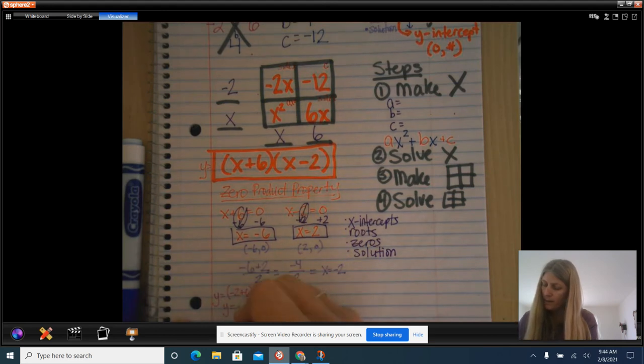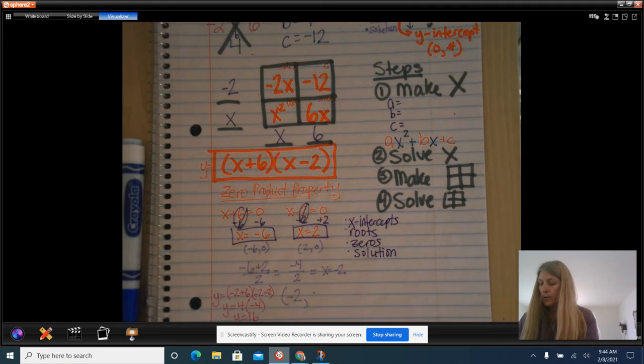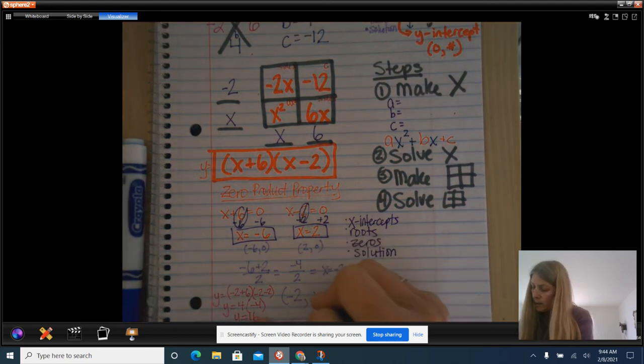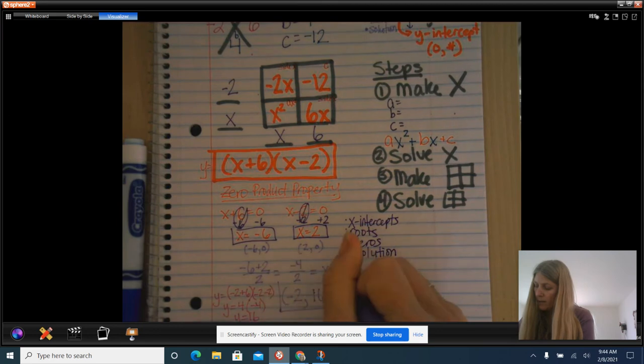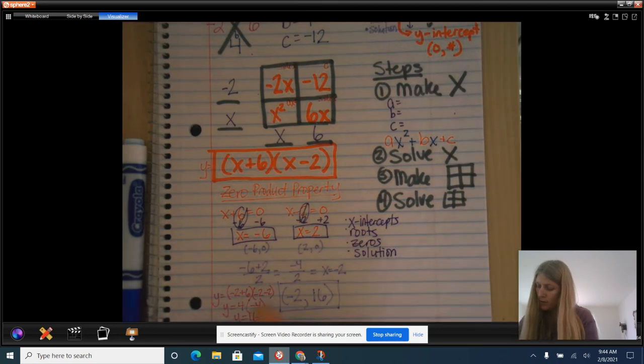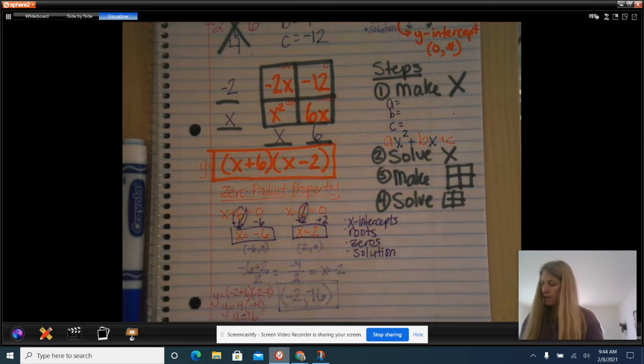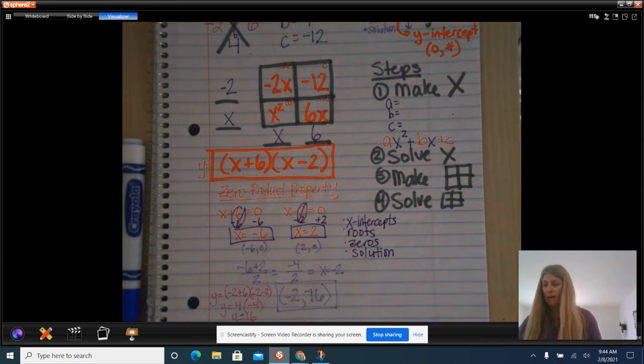So that gives me y is equal to 4 times negative 4. So y is equal to negative 16. So I know that my vertex is going to be at negative 2, negative 16.